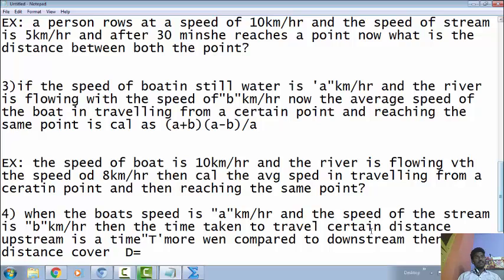So what happens over here, he has given the speed of the boat and now he has also given the speed of the stream. Then the time taken to travel a certain distance is a time t more when compared to the downstream.